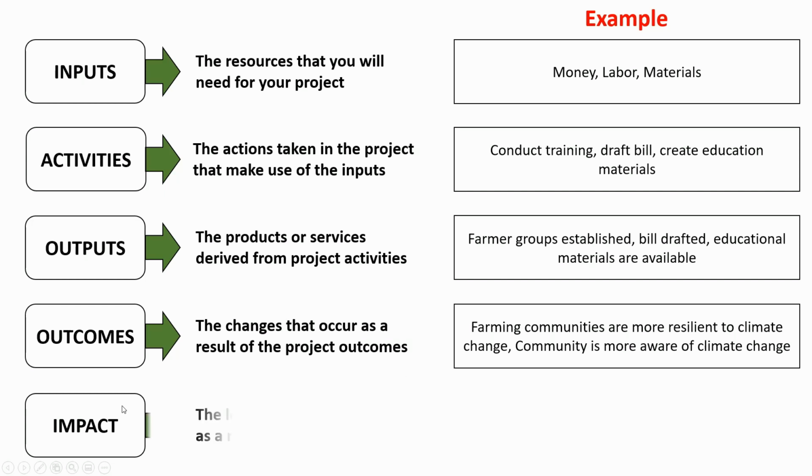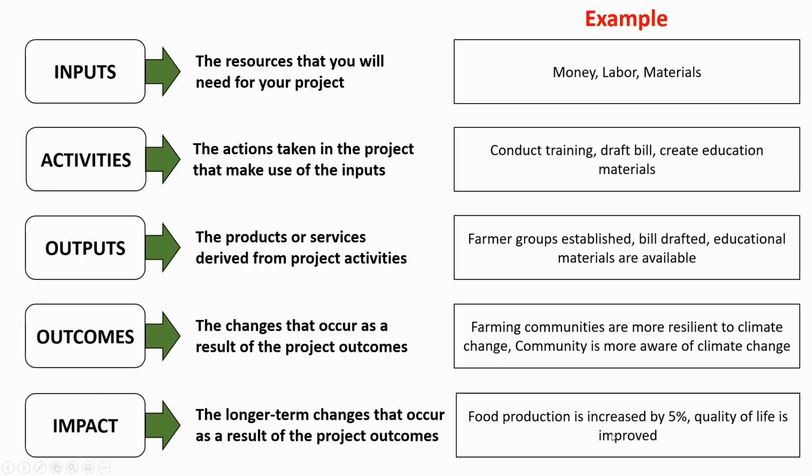And lastly, we have our impacts. These are the longer-term changes that occur as a result of the project outcomes. And you have food production is increased by 5%, the quality of life is improved, rural livelihoods are improved, things like that. Now, food production is increased by 5%, for example. See, that's a strategic goal. That's the type of thing that you would find in a 5-year plan for the Ministry of Agriculture or the medium-term development plan for the country.